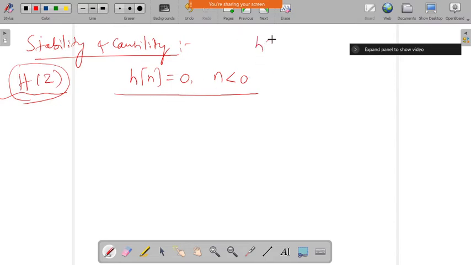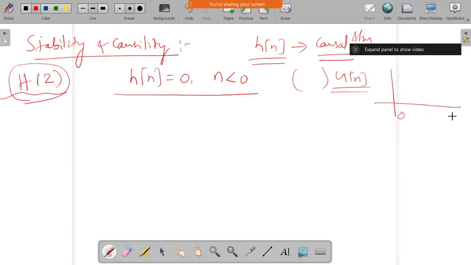So h of n should possess its values only for n greater than or equal to 0, then we can say that h of n is a causal system. For a causal system, any value multiplied by the unit step function u of n runs from 0 to infinity. Since it possesses only the positive side values, we can say that the system is causal.